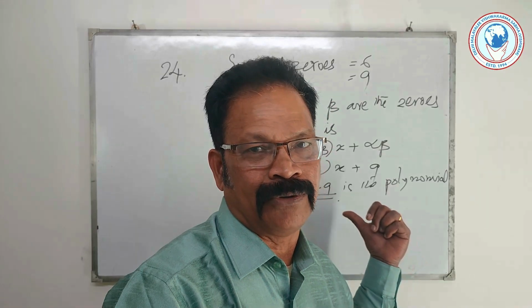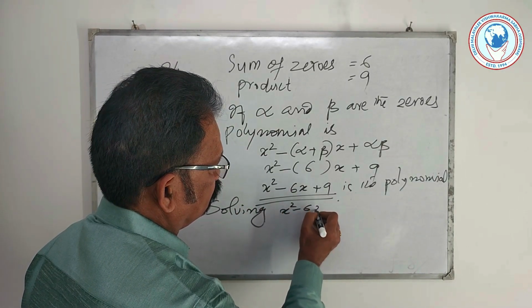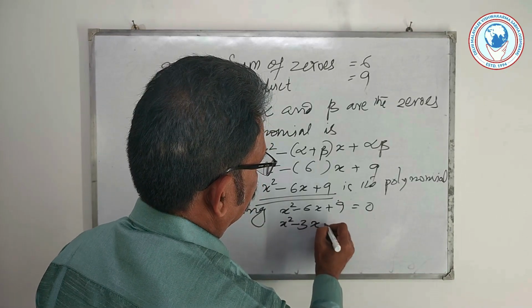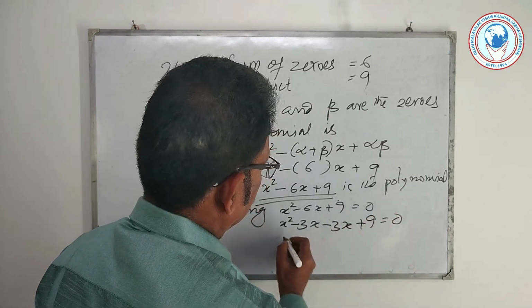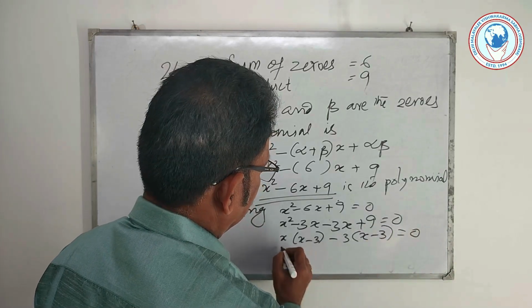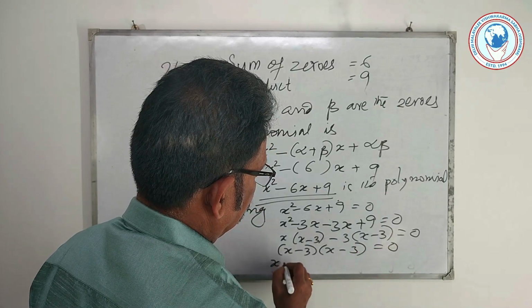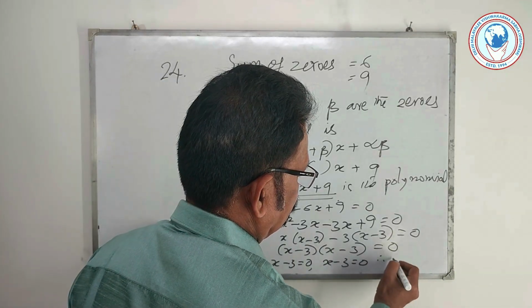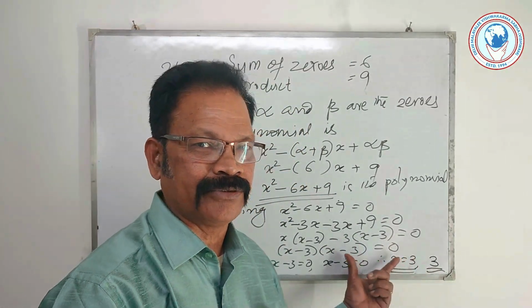Now to find its roots or zeros. 3 and 3 are the zeros of the polynomial.